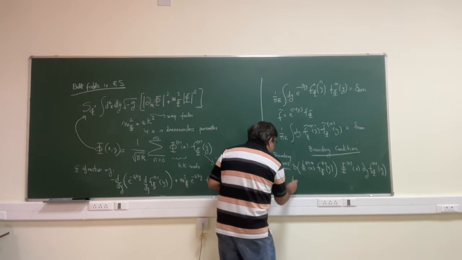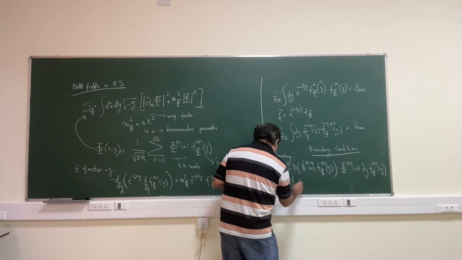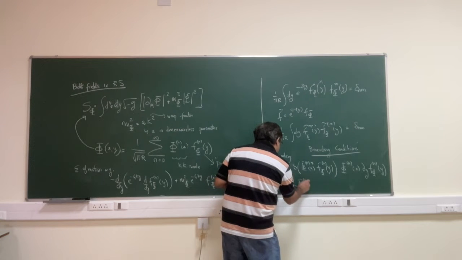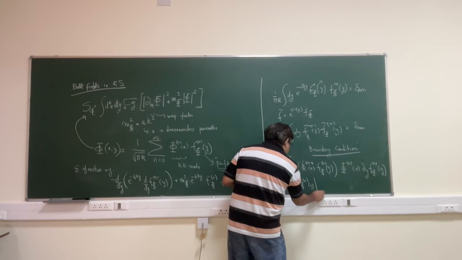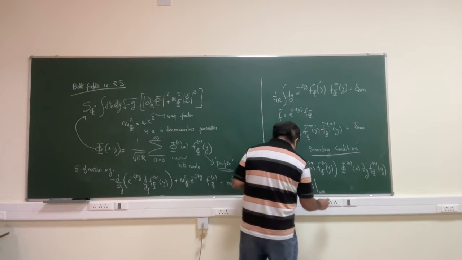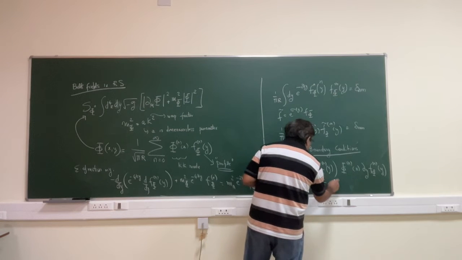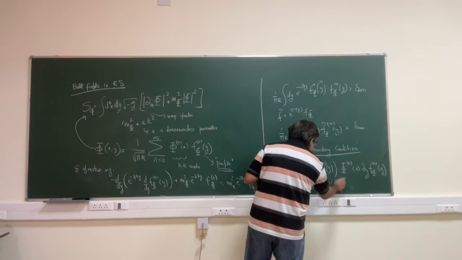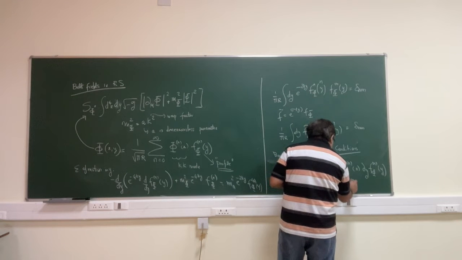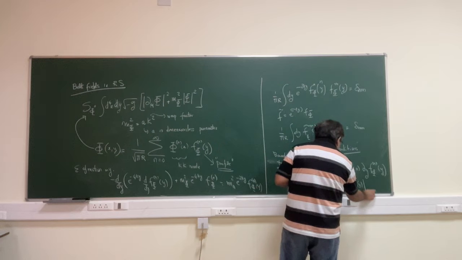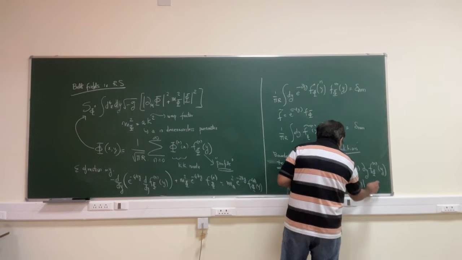So the boundary conditions: ∂_r phi is equal to 0. This is Neumann boundary conditions, or you can directly have Dirichlet boundary conditions, where at 0, phi is equal to 0.